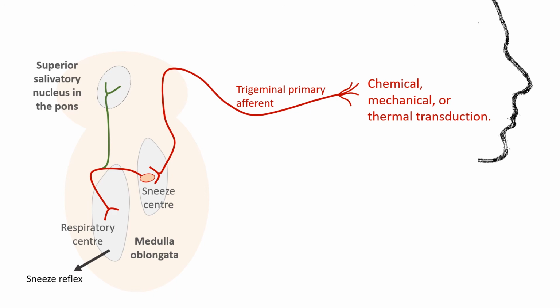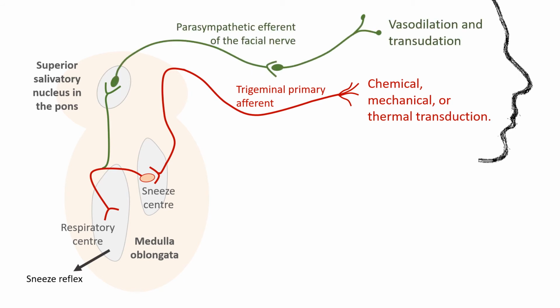But that second order also branches up to the pons above the medulla, to the superior salivatory nucleus, the SSN. We'll come back to this when we talk about headache. This superior salivatory nucleus is where that branch from the second order afferent synapses with parasympathetic efferents of the facial nerve.